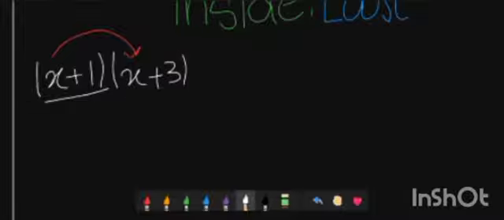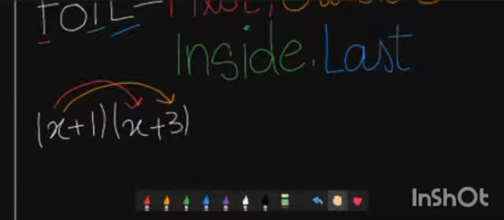So we'll multiply x with 3. Now, the inside in FOIL means the terms that are facing inside. In this expression, 1 is facing the inside part, and in this expression, x is facing the inside part.